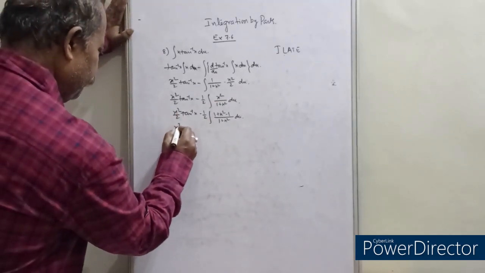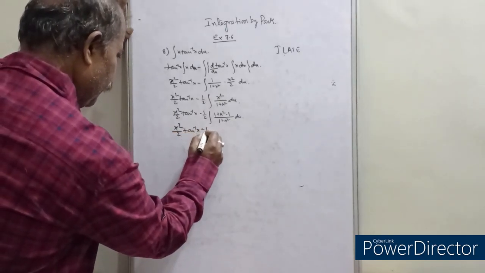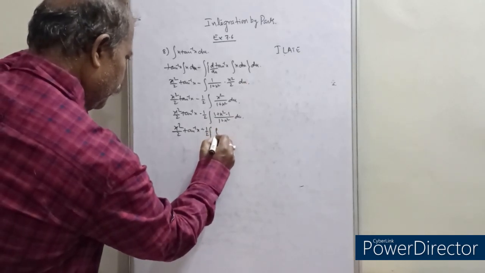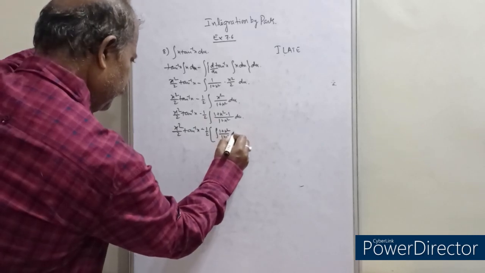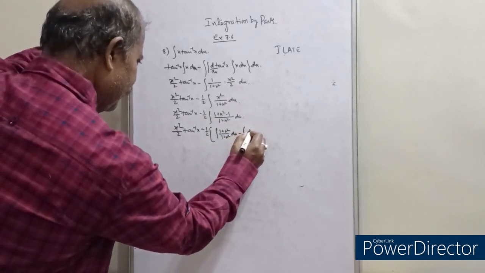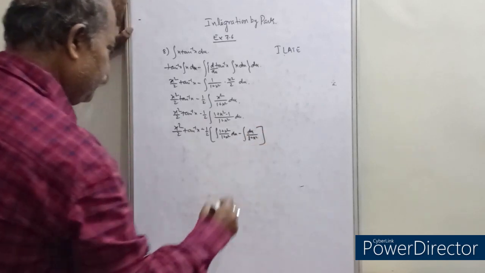You can see here, this is x square by 2 tan inverse x minus 1 by 2 integration of 1 plus x square by 1 plus x square dx minus dx by 1 plus x square, and this is all.